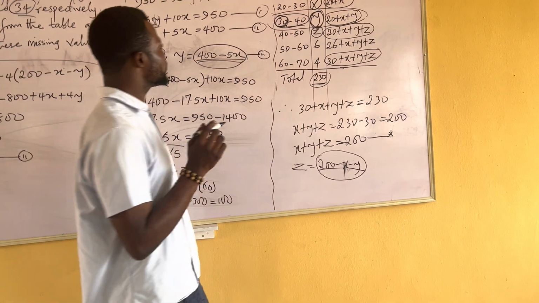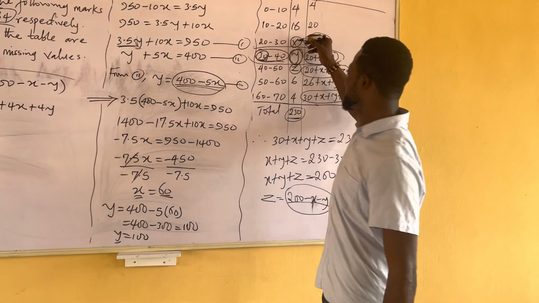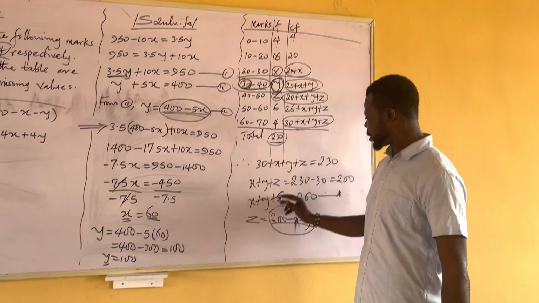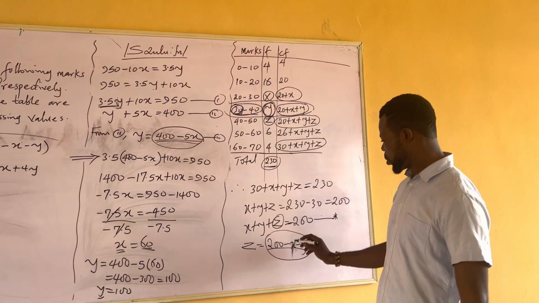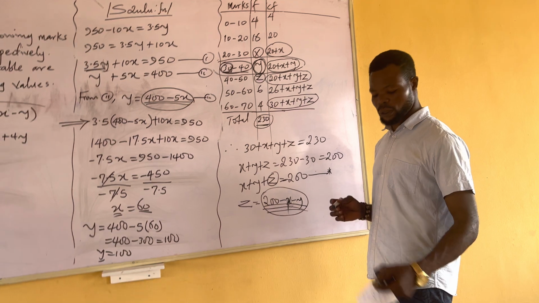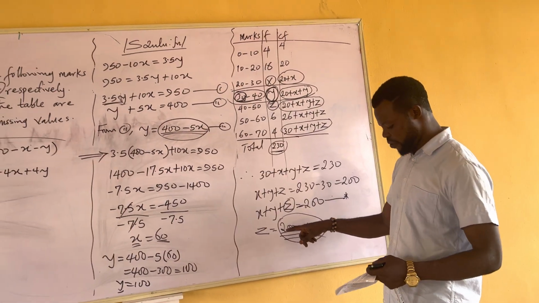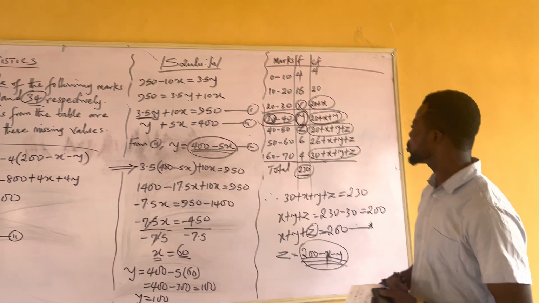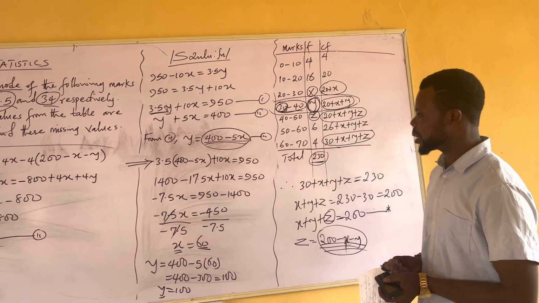So the remaining value now, out of the missing values that we have, is z. So to get this, we are going to use this equation. We've made this the subject of the formula already. So we just use that equation.